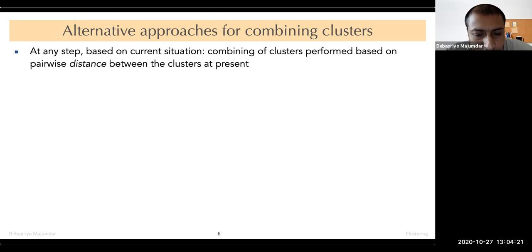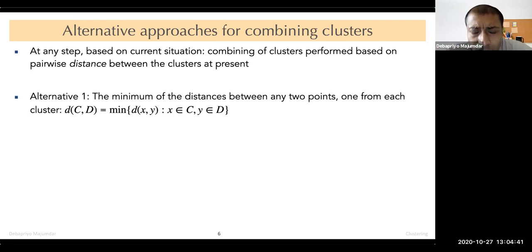And that is what we have been doing so far. Currently, these are the centroids. These are the distances between the centroids. So this distance is the smallest. Combine these two clusters. So compute something from the current scenario, then do the combination. That is one approach, and that one option we have already seen.